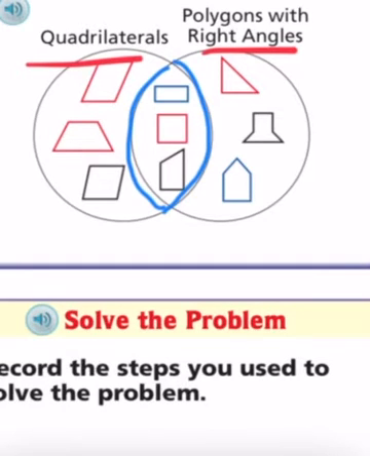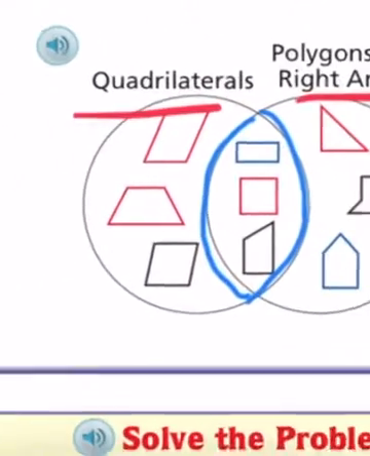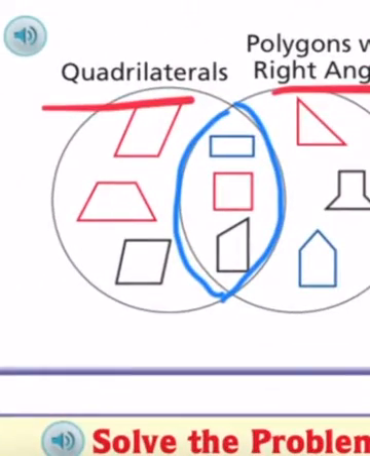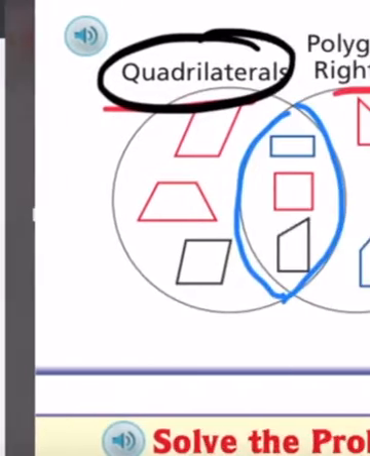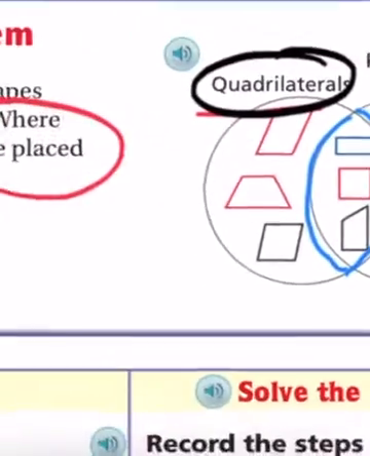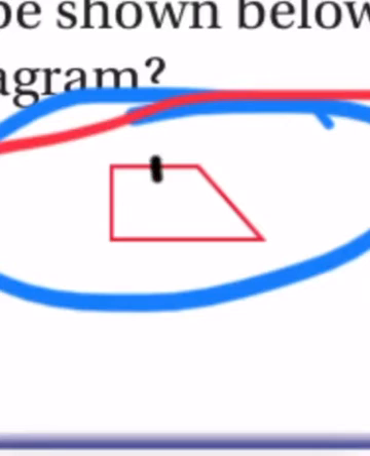Okay, so first thing I need to ask myself, is our shape a quadrilateral? Well, a quadrilateral is a polygon with four sides. Is our shape a polygon with four sides? Well, sure, it has 1, 2, 3, 4 sides. So it is a quadrilateral.